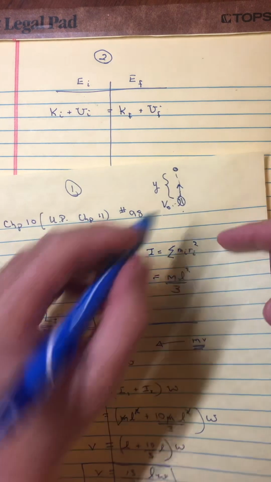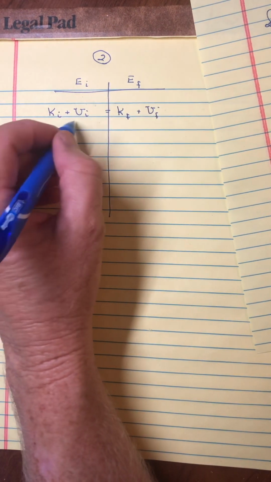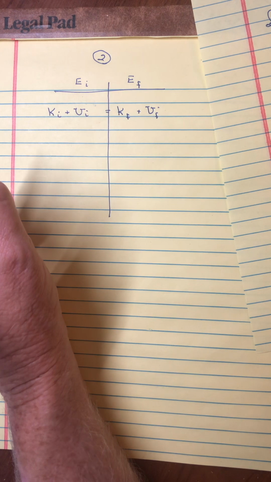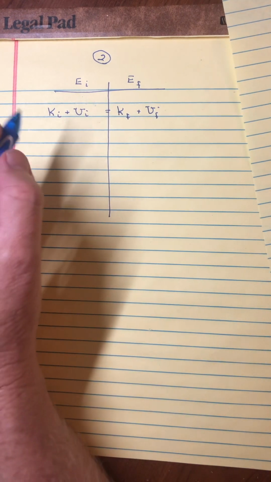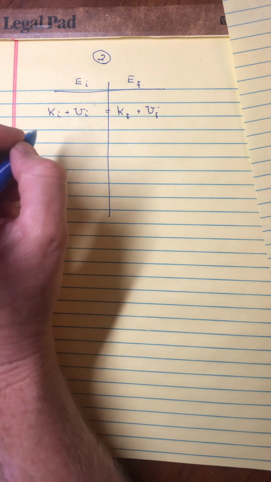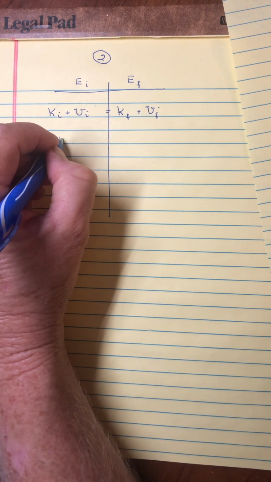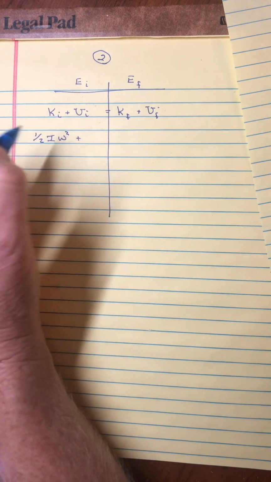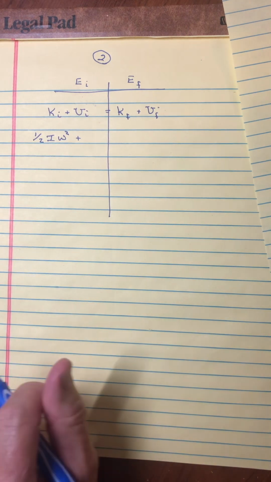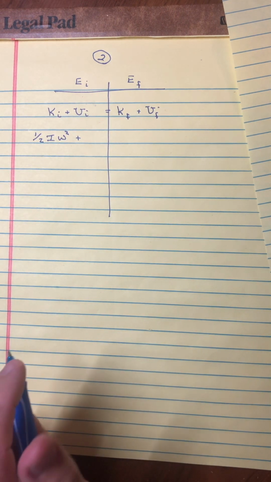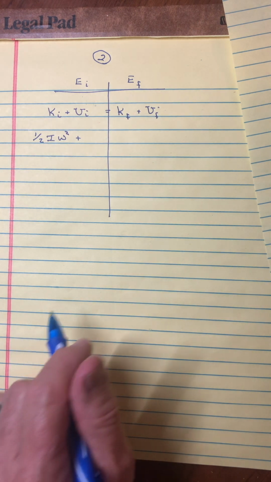Again, kind of like tossing a baseball up in the air, you would say down here that the initial kinetic energy is the motion. And in this case, instead of using 1/2 mv squared, I'm going to use 1/2 I omega squared for the kinetic energy.